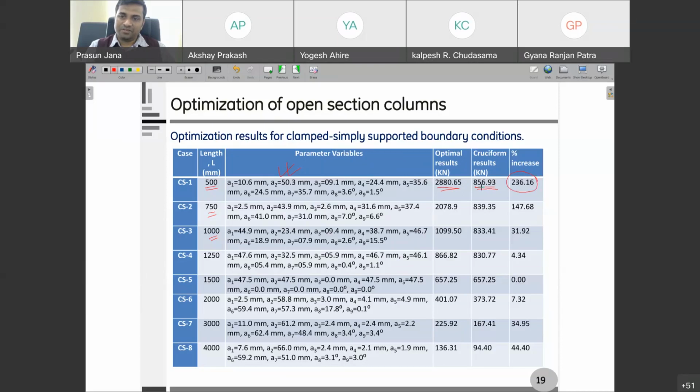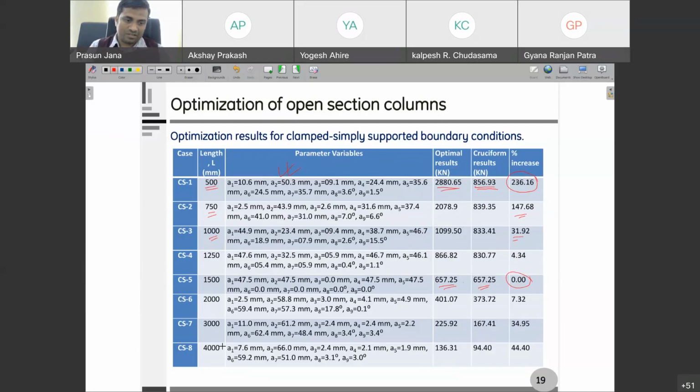So it's a huge increase in the optimum buckling strength. Then here 147, then 31, then here it is actually 0 because the cruciform section turns out to be the optimum in this particular case. So the base model is the optimal model. And then again it is changing.